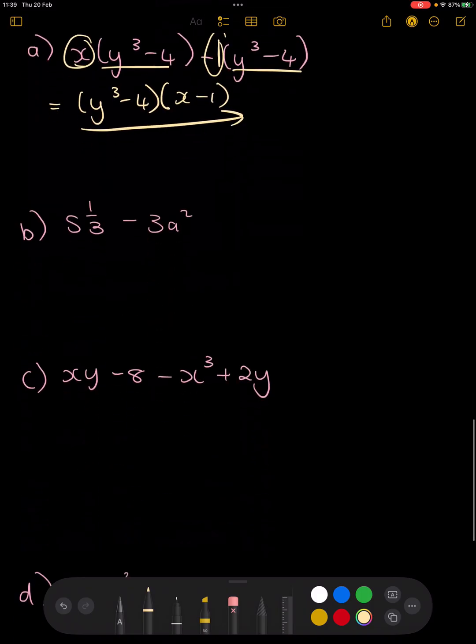Right. If we have a look at number B, this one doesn't seem very obvious as to what we're going to be doing, but what I recommend is let's not work with mixed numbers. Let's write this as an improper fraction. And then I'm still not entirely sure what to do after here, so let's get an LCD.